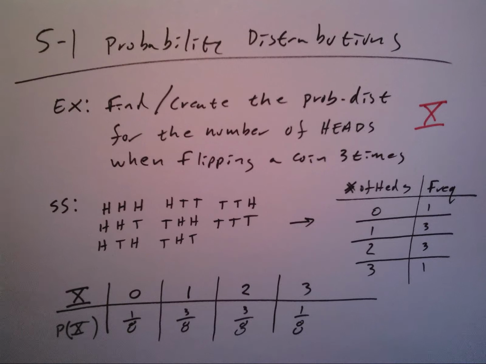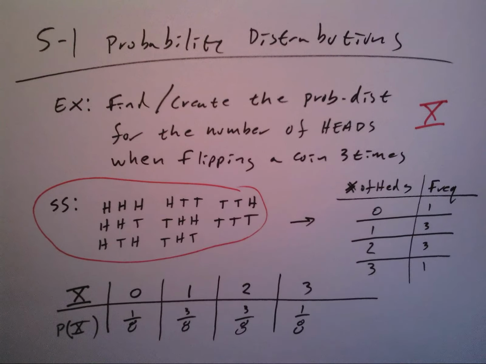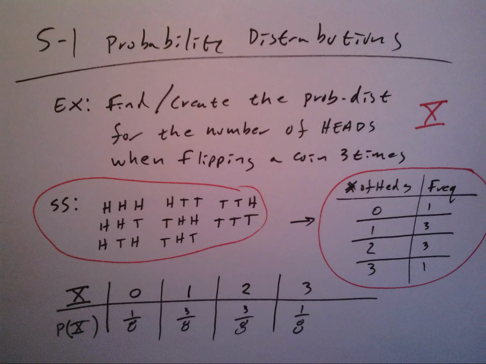So I could, if I wanted to, create a sample space to look at all the outcomes. I also could, if I chose to, make an L1 and an L2 where I have the number of heads and the frequency.